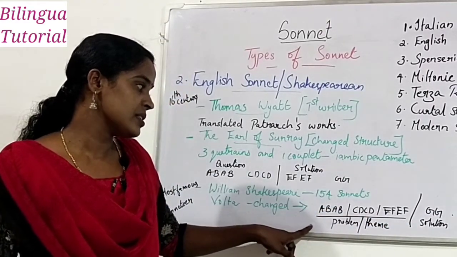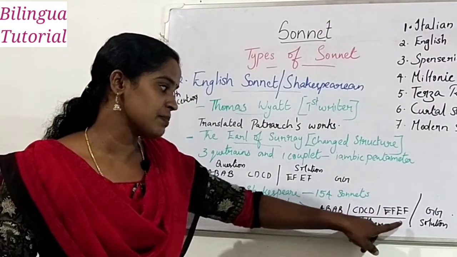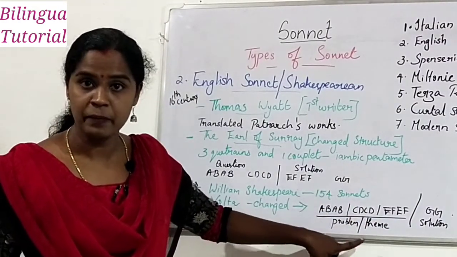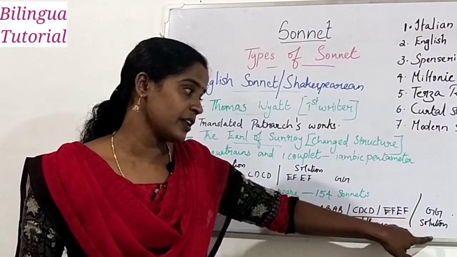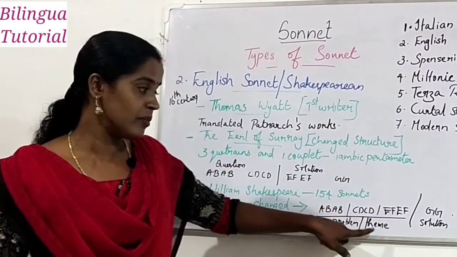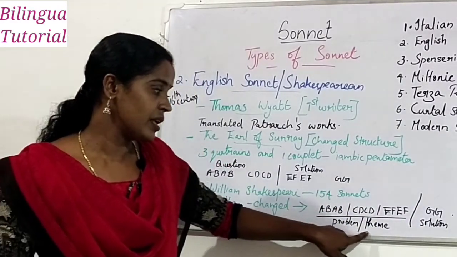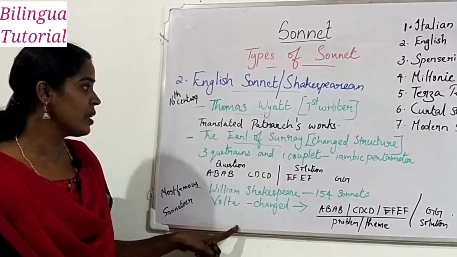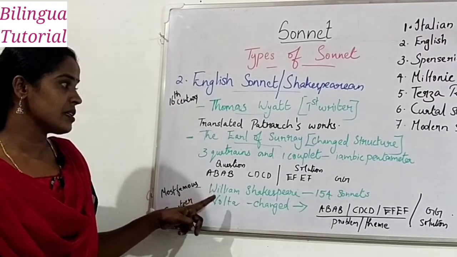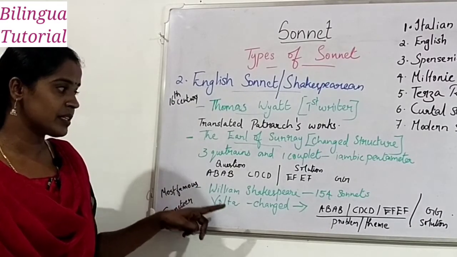The first 3 quatrains explain the problem or the theme. Then the last couplet, G G, explains the solution for the problem explained in the first 3 quatrains. So these are the differences between the Earl of Surrey's structure and William Shakespeare's structure.